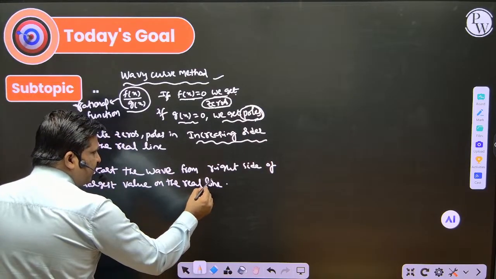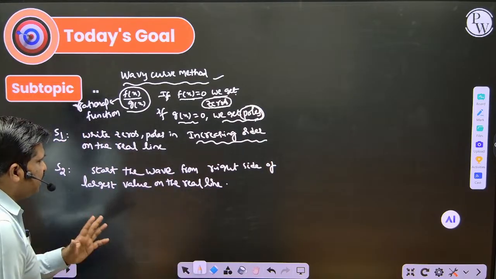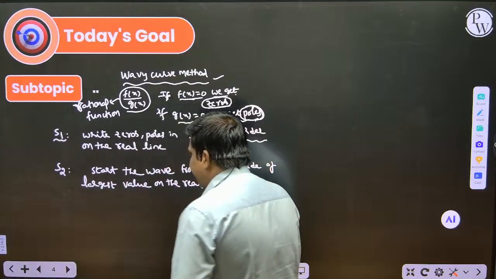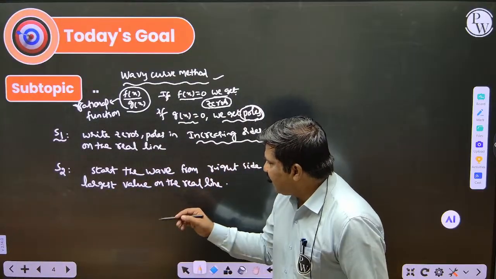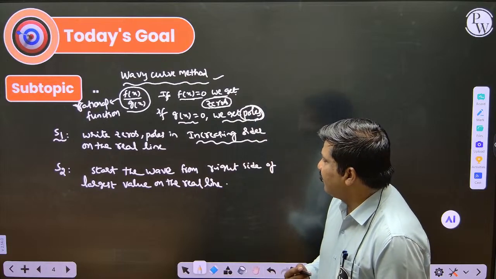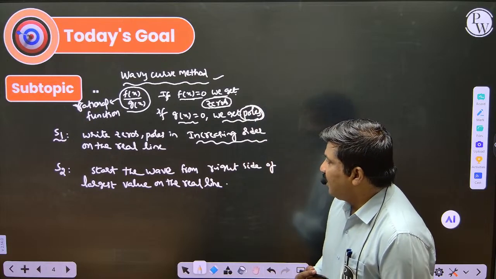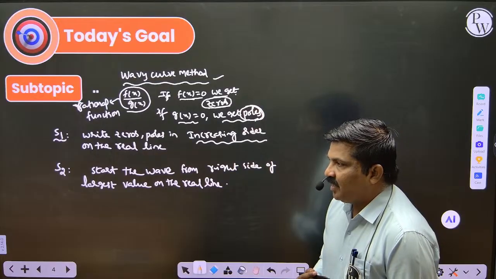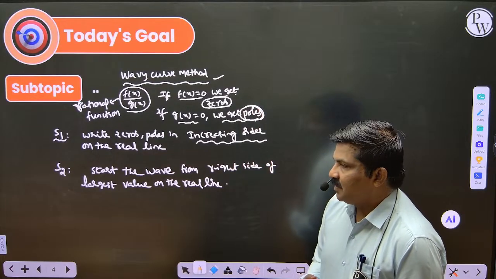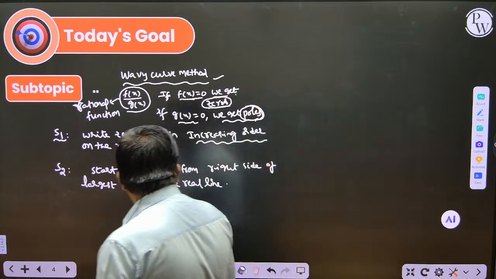So next, we start the wave from which side? The right side of the largest value on the real line.